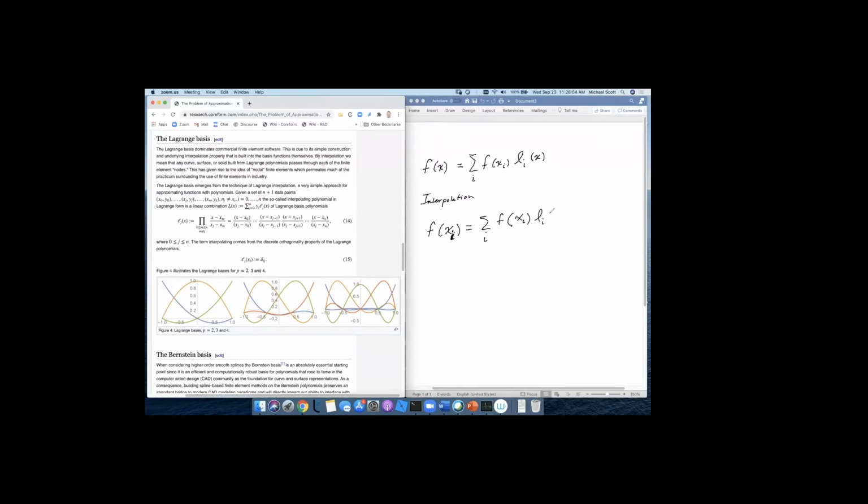Li evaluated at xi. What do you know about the ith Lagrange polynomial evaluated at position xi from this property right here? What does it equal? 1. 1.